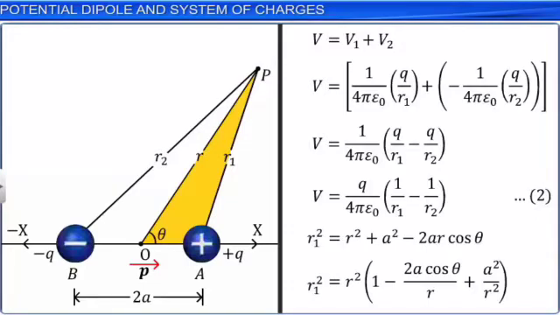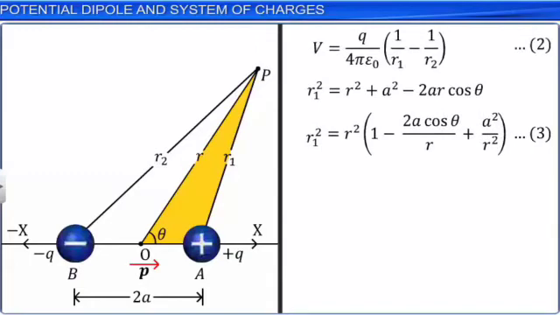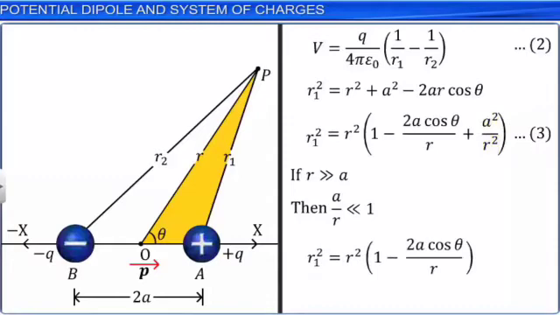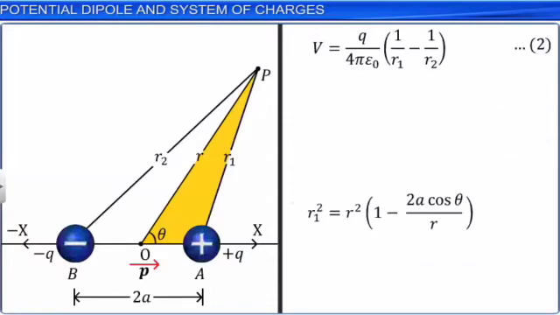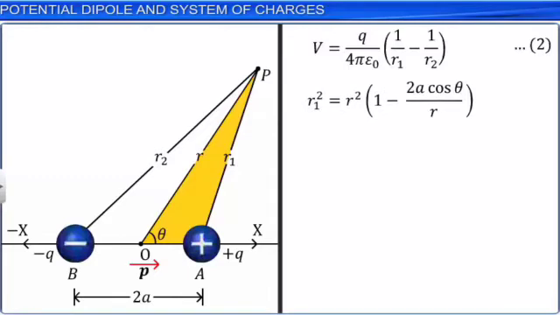If R is much greater than A, then the ratio A to R is much less than 1, and hence the term A square by R square in equation 3 can be neglected as it becomes very negligible. Then we get R1 square is equal to R square into 1 minus 2A cos theta by R. This implies R1 is equal to R into 1 minus 2A cos theta by R power half.